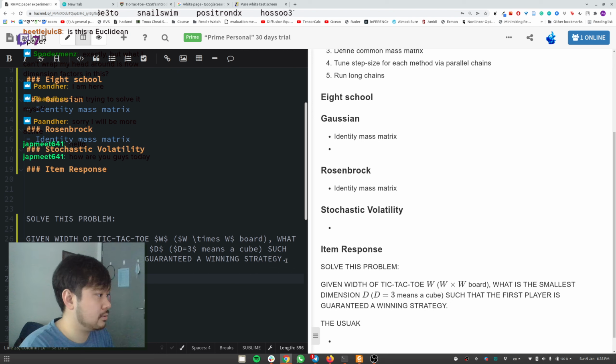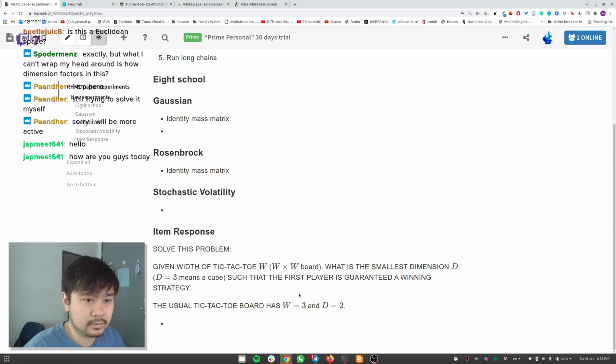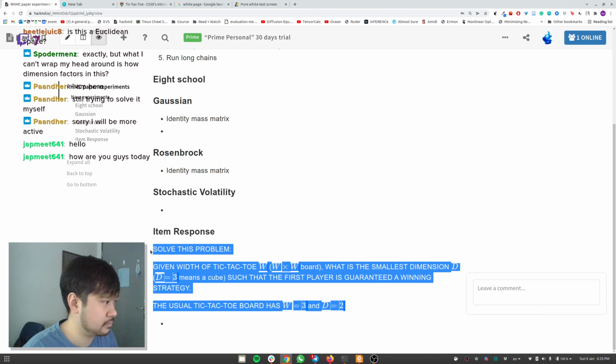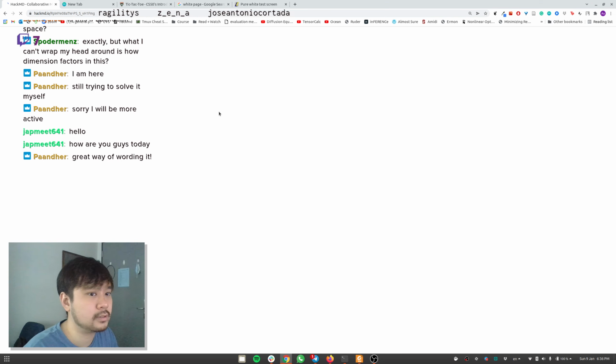The usual tic-tac-toe board has W equals 3 and D equals 2. Okay, I think now this is quite clear. Solve this problem. Just create a new page, maybe. New note. Great way of wording it. Thank you.